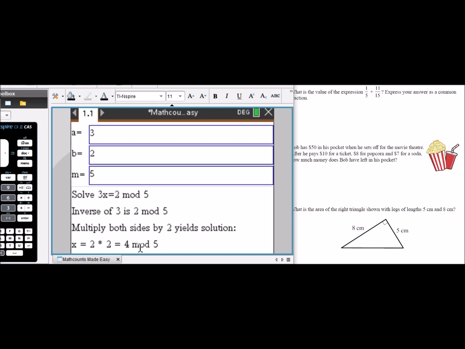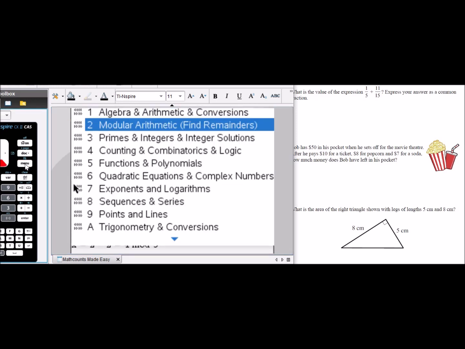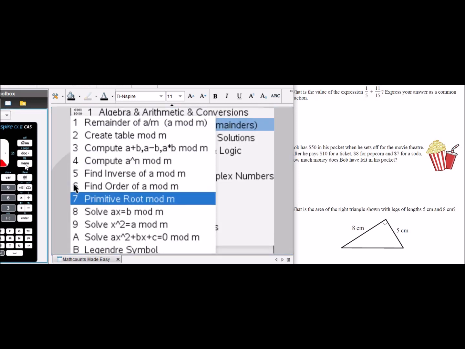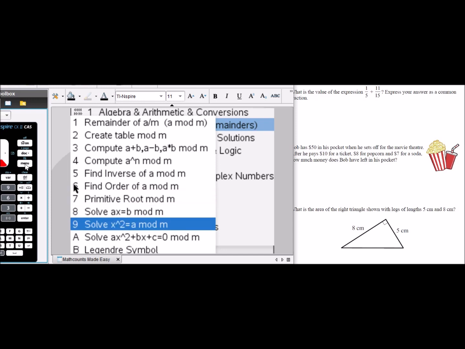So 4 is your answer to this equation. When you plug in 4, you're going to get 12 is 2 mod 5, and that's correct. So it can do a whole lot of stuff, primitive roots. It can solve quadratic equations mod m, and there's a whole lot that you can even learn using this app.